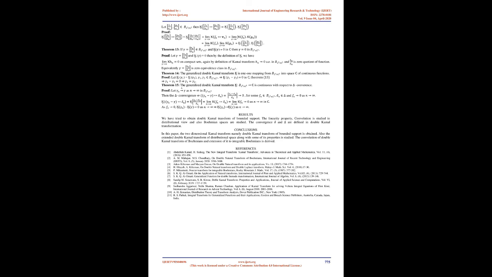Equivalently is 0 equivalence class in. Theorem 14, the generalized double Kamal transform is a 1-1 mapping from into the space of continuous functions. Prove: let equals 0 in Theorem 13.